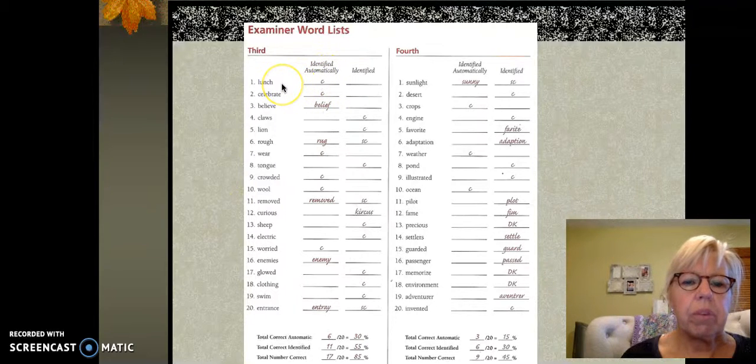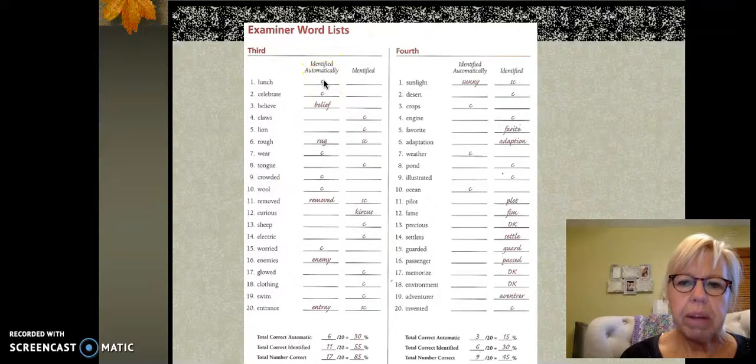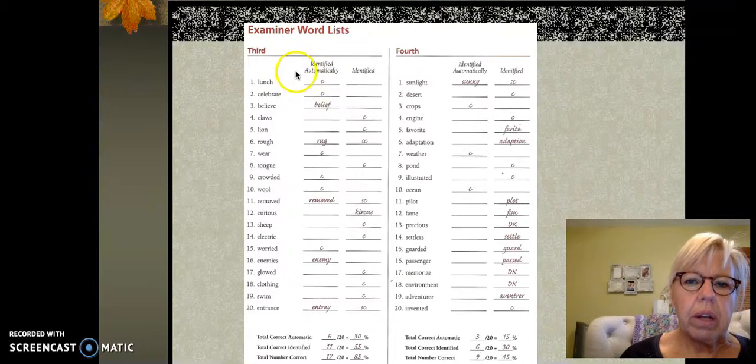That means as the students start, and if they go lunch, celebrate, believe, and they're getting them correct right away, identifying them automatically, you can put a C or a check mark, however it makes sense to you, so that you mark that they knew the word automatically.